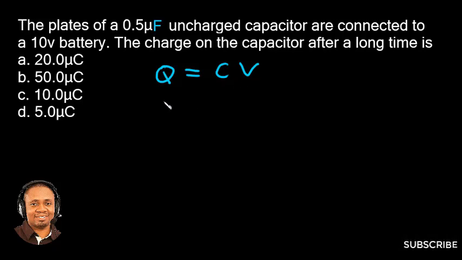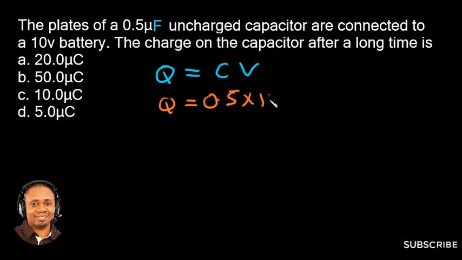Okay, good. So we already have some of these values in the question. Q, which is unknown, then the capacitance, which is measured in farads, we have as 0.5, times the volt, which is given in the question.